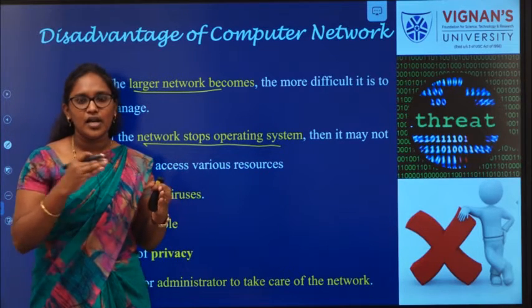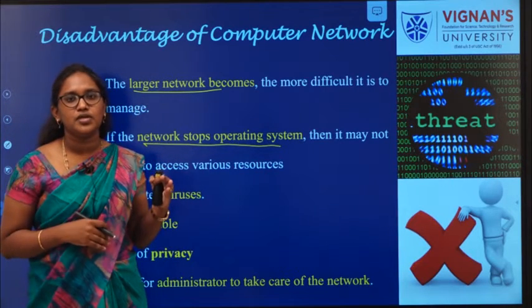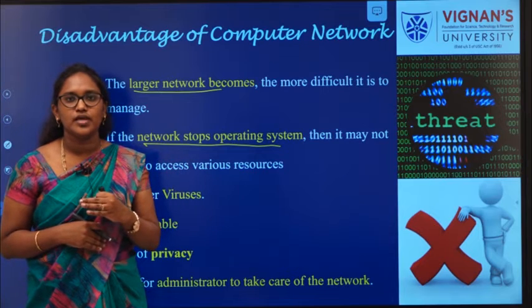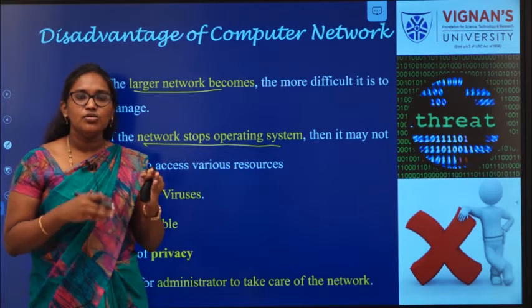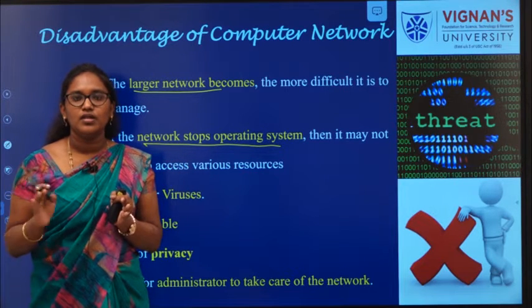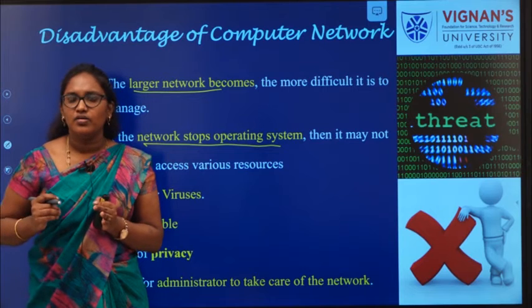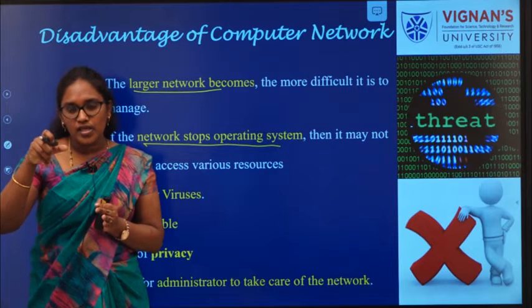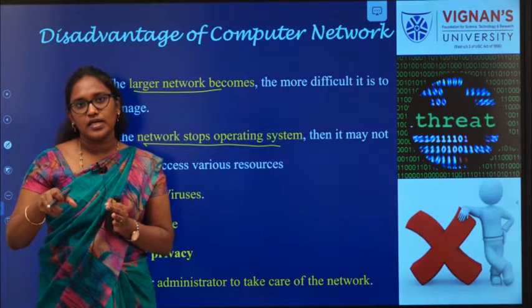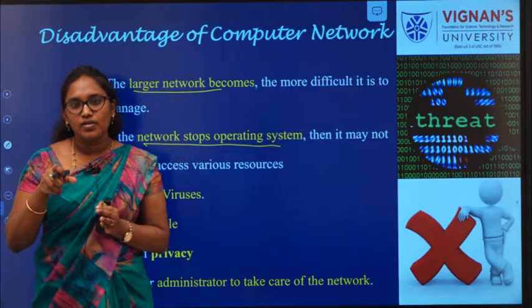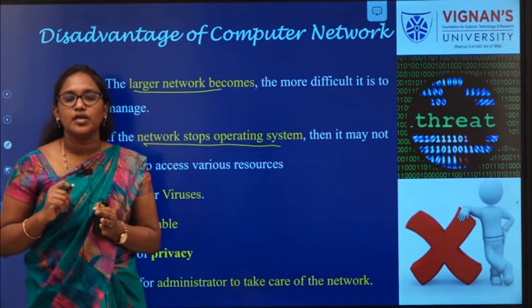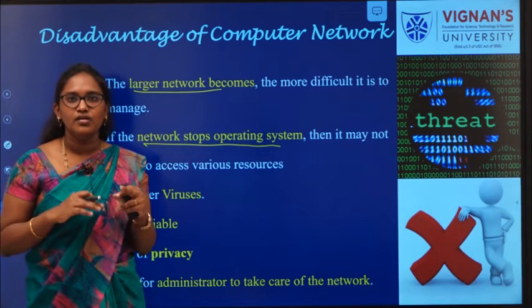Whenever you are connecting multiple computers or multiple networks together, that means you are sharing the work, you are distributing the work, right? So if any of the particular device or network stops working, it affects the rest of all works.